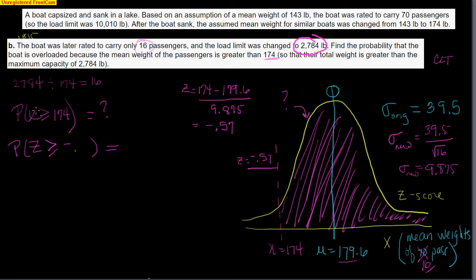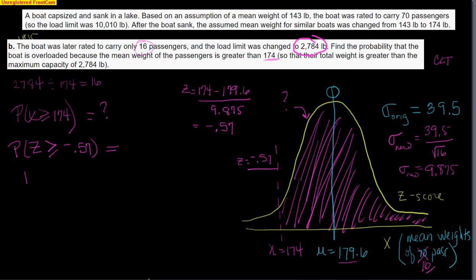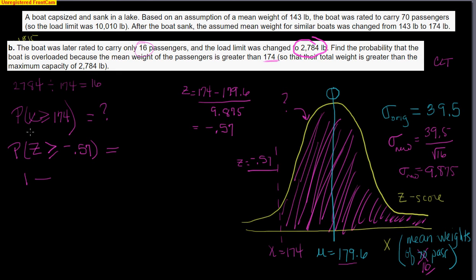Okay, writing it here. As you know by now, there's no greater than on our z-score table, so I'm going to rewrite this as 1 minus the probability that z is less than or equal to negative 0.57. Go ahead and go to your z-table and figure out what that is.